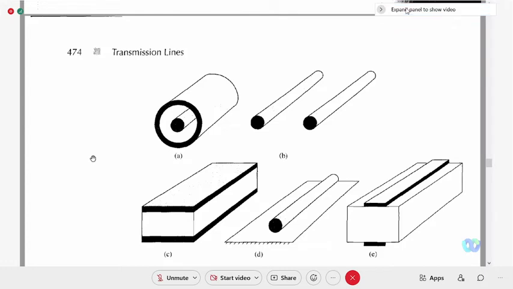So here, what you are seeing in the coaxial line or two-wire line is that we have two conductors, and in between the two conductors we have a dielectric. How can we characterize the conductor?